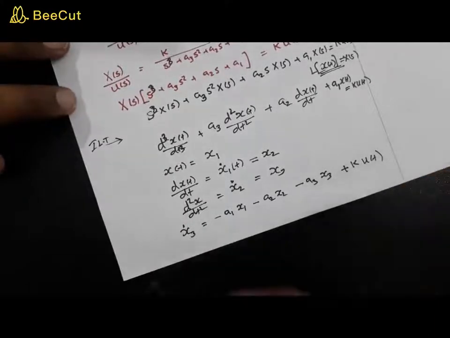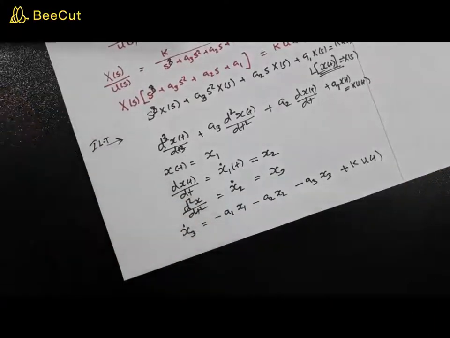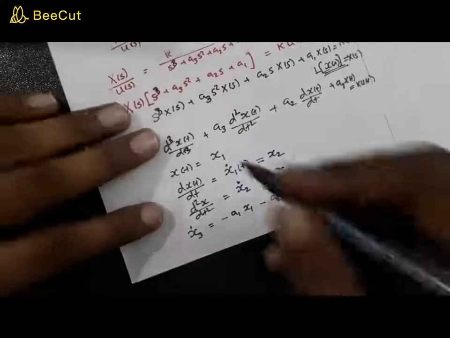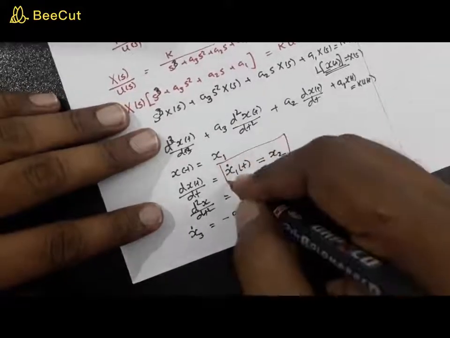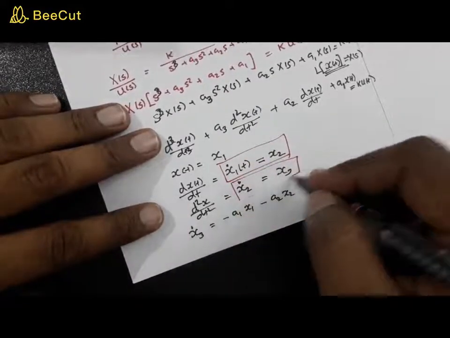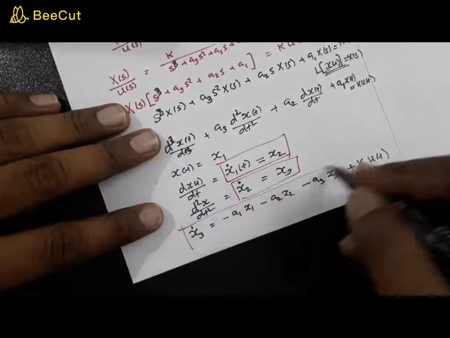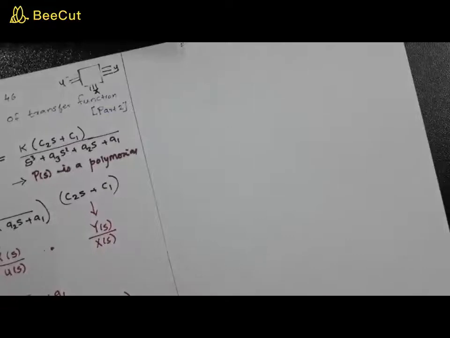So this is your x3 dot. So that means we got the 3 set of state equations, that is x1 dot is equal to x2, x2 dot is equal to x3, and x3 dot is equal to that. Now you can convert this into matrix.